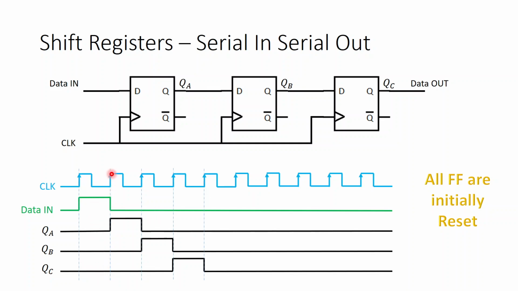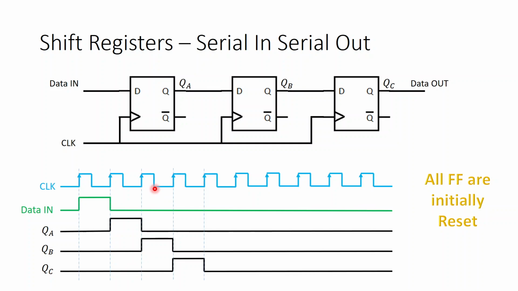At the second clock edge, the data in was 1 before this clock edge, so QA will change to high, to 1. But QB will not change, because when this edge was triggering, QA was 0. So QB will remain 0, and QC will also remain 0.